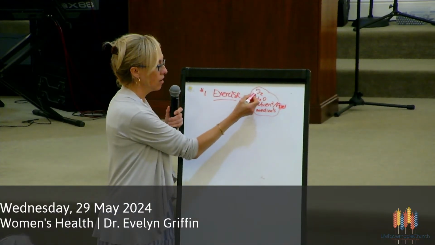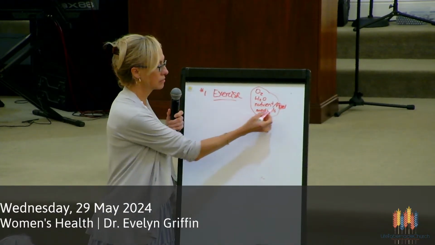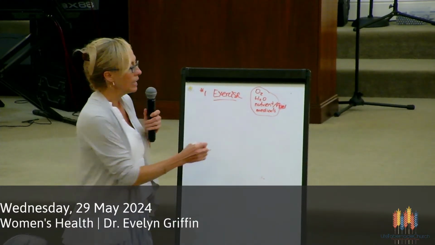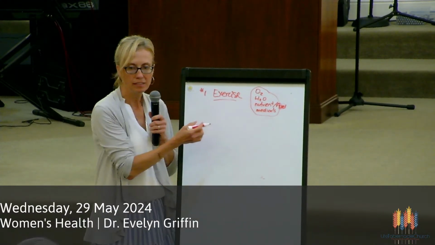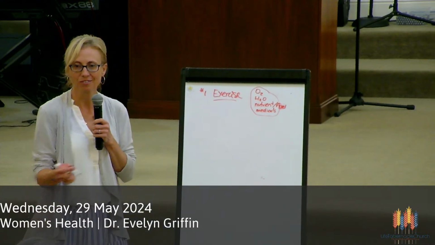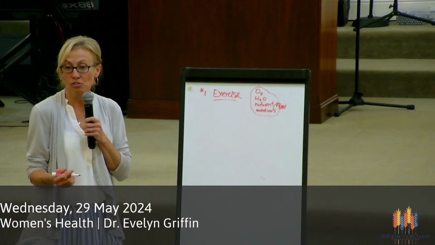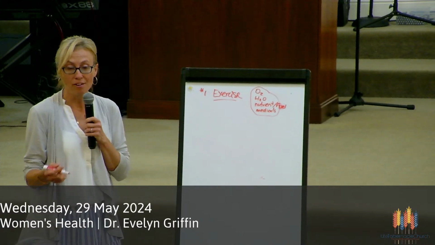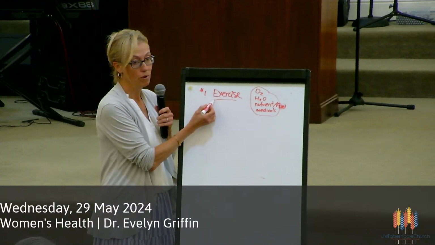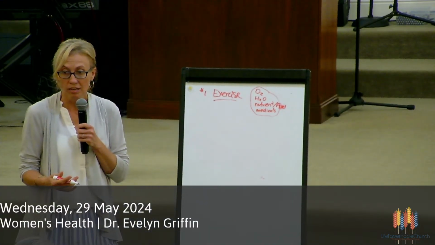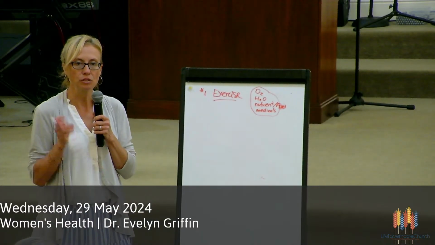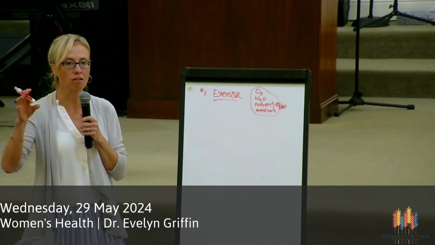So we need oxygen, water, nutrients, fuel, and any kind of medical treatments. How do we get these elements to our ovaries or to our uterus? It's through our circulation. Well, how does the circulation work? It works better always when we have exercise, when we're moving around. Otherwise, everything truly does get sluggish, and we don't open up the flow all the way down to the capillaries.